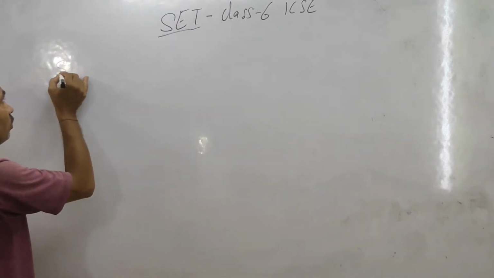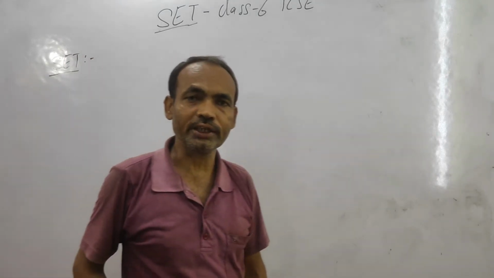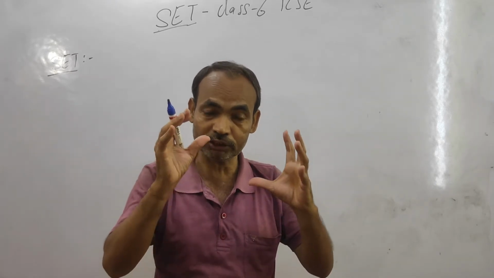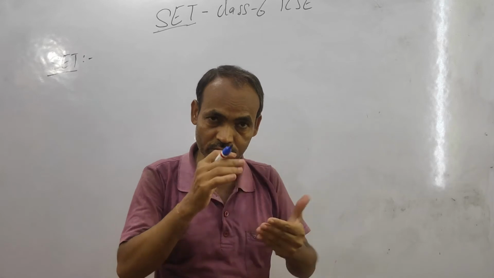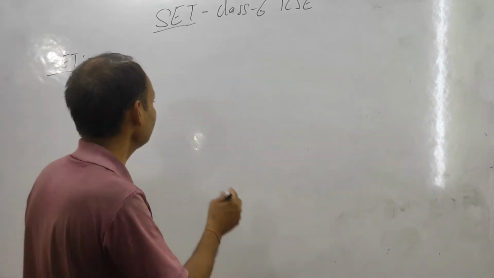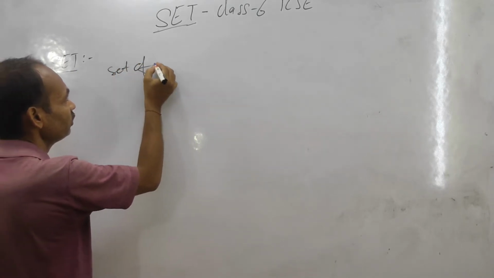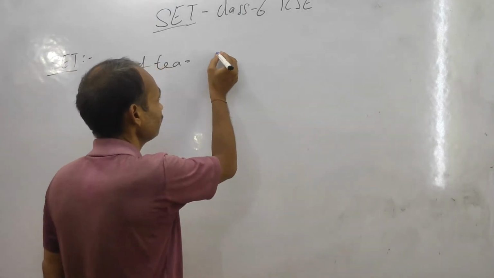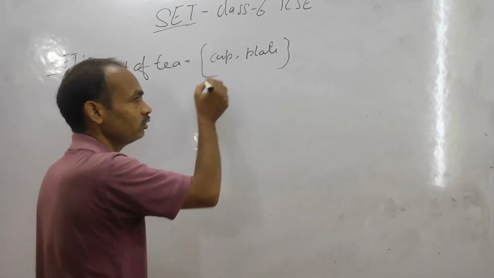First of all, what is a set? A set is a collection of well-defined items, a well-defined group, where you can tell what comes into the group, like the set of tea. The set of tea means there should be a cup, a plate, and so on.